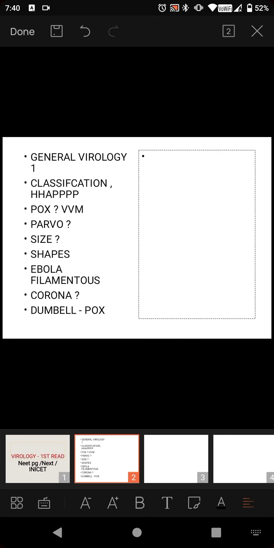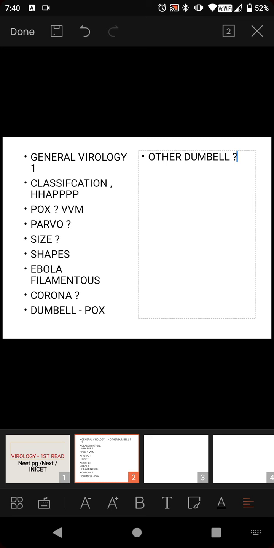Then what are the other dumbbell shaped things? Other dumbbells I have seen: asbestos bodies is a dumbbell. Okay, A for asbestos bodies is a dumbbell. P for pox virus we have studied is a dumbbell, and C for calcium oxalate, and then S for schwannoma, spinal cord.